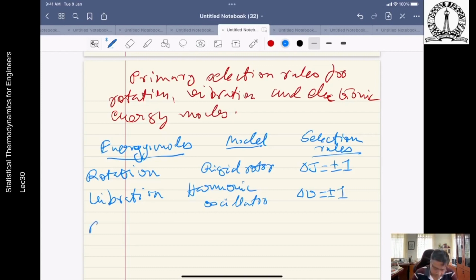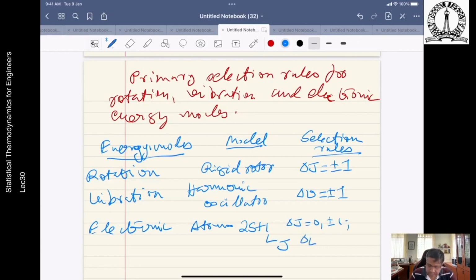Then of course electronic for atoms, which is 2S plus 1 J. Here the selection rule is delta J equal to 0, plus minus 1. Out of that we know what is forbidden, and delta L is equal to plus minus 1, delta S is equal to 0.